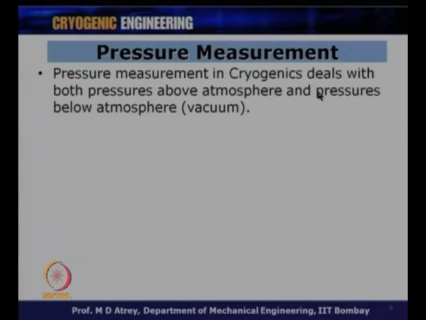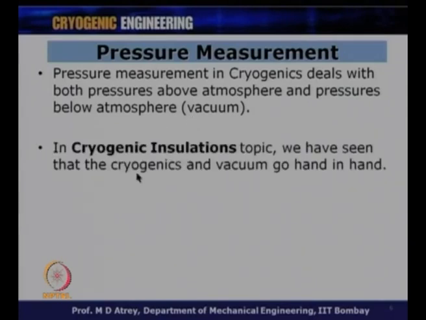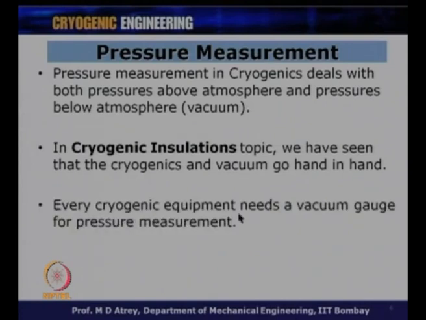Pressure measurement in cryogenics deals with both pressure above atmosphere and pressures below atmosphere, which is vacuum, which is what we were talking about. In the cryogenic insulation topic, we have seen that cryogenics and vacuum go hand in hand. Wherever cryogenic experiments are done, most of the cases will have vacuum around them. Every cryogenic equipment therefore needs a vacuum gauge for pressure measurement.